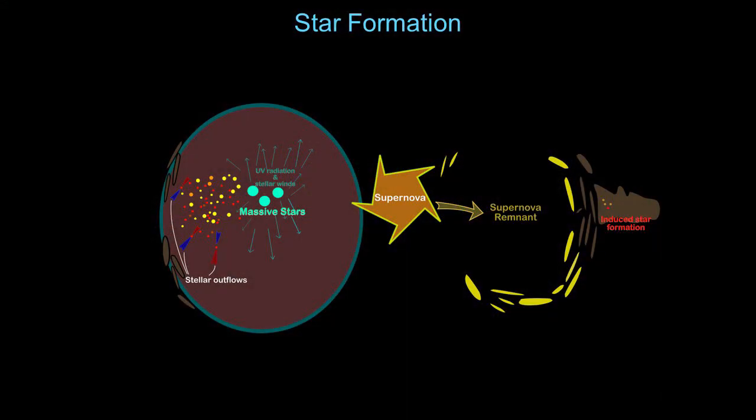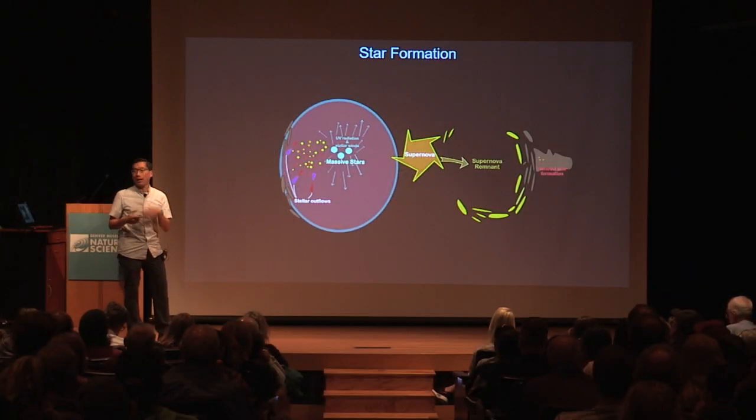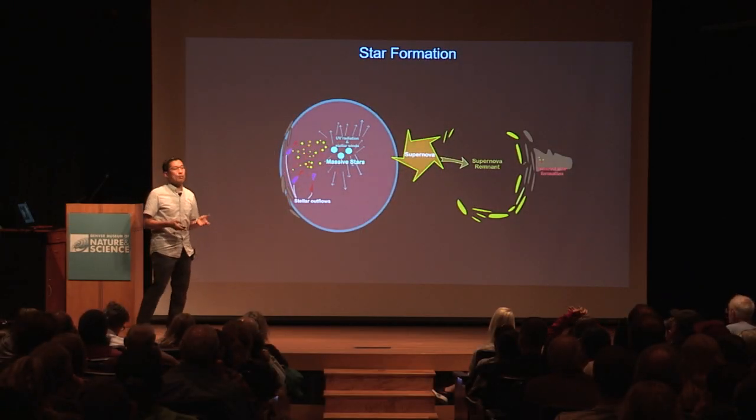And when some of these stars go supernova, they can create, again, a big expanding bubble. And what can happen is that the pressure from these supernova explosions can also induce further star formation, meaning they can press down on neighboring molecular clouds and cause them to collapse to form new stars.